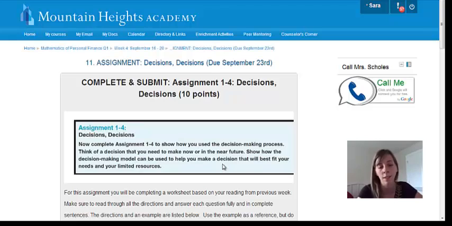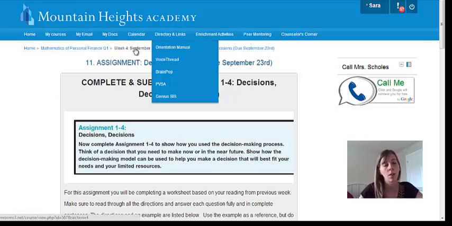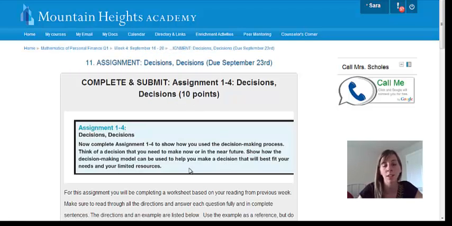So this assignment isn't binding in your life. Just do the best you can and make a decision for this assignment that you think could be realistic. Okay, so that's assignment number 11. You'll understand more what I'm talking about when you actually read through it.